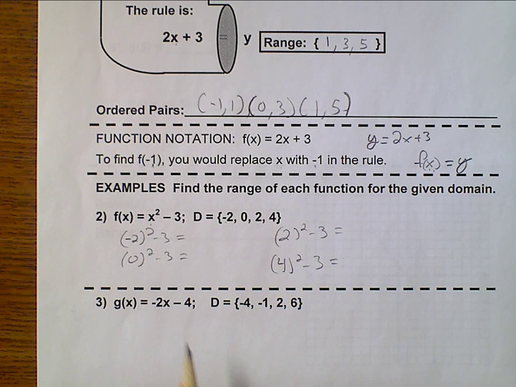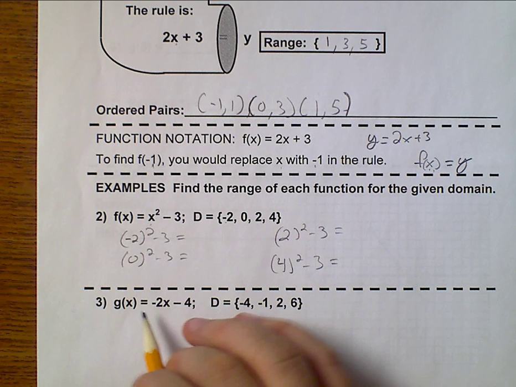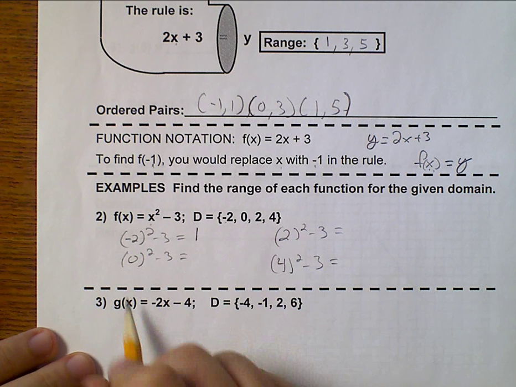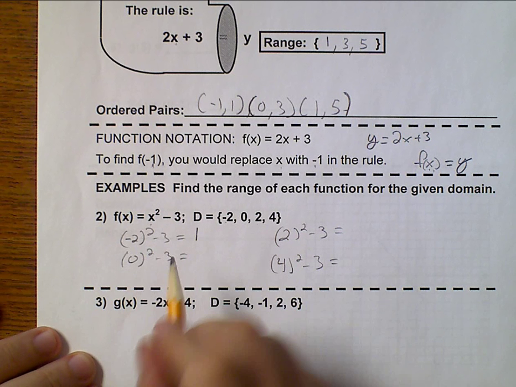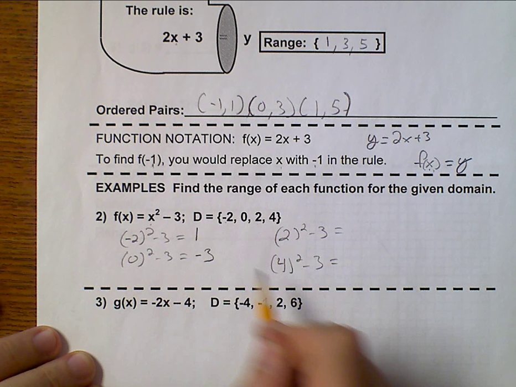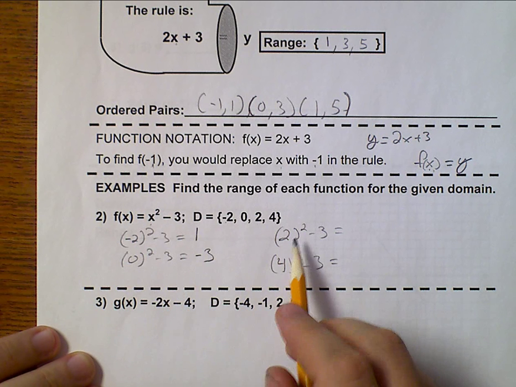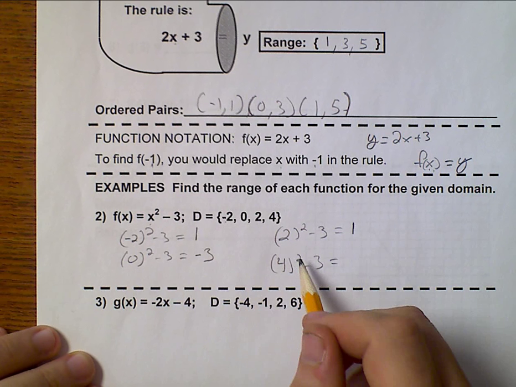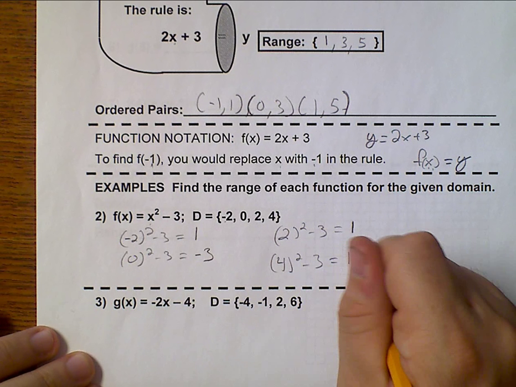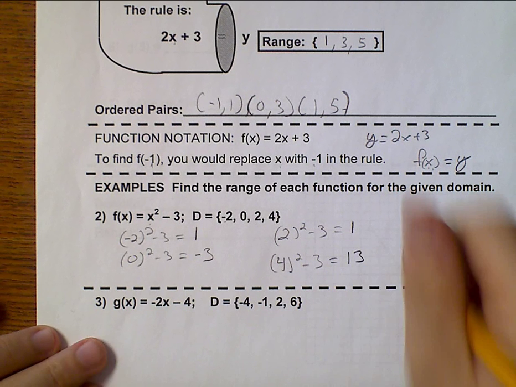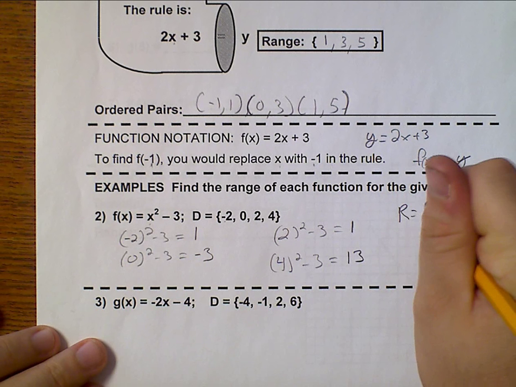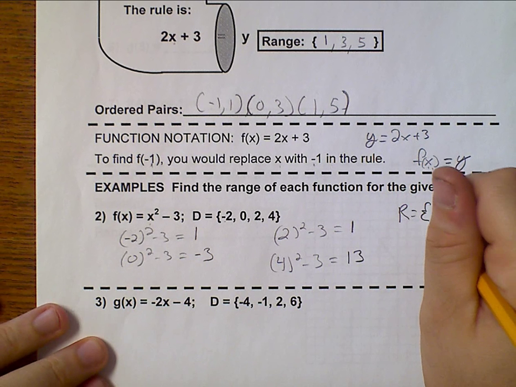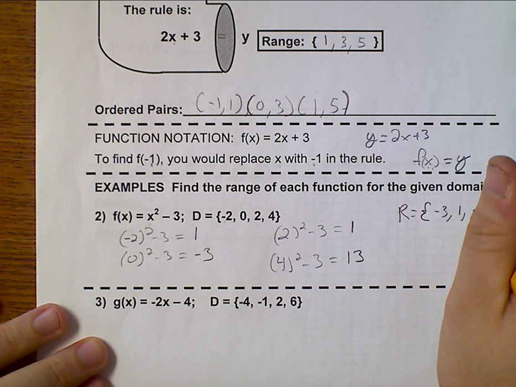Well, -2 squared is 4, and 4 minus 3 is 1. 0 squared is 0 minus 3 is a -3. 2 squared is 4 minus 3 is 1. And 4 squared is 16 minus 3 is 13. So my range is -3, 1, and 13.